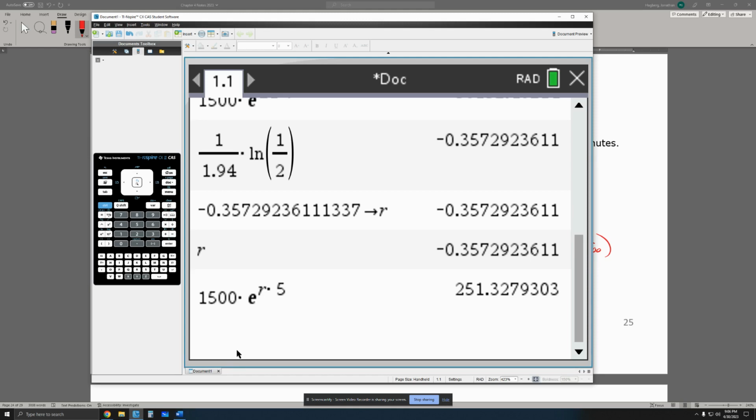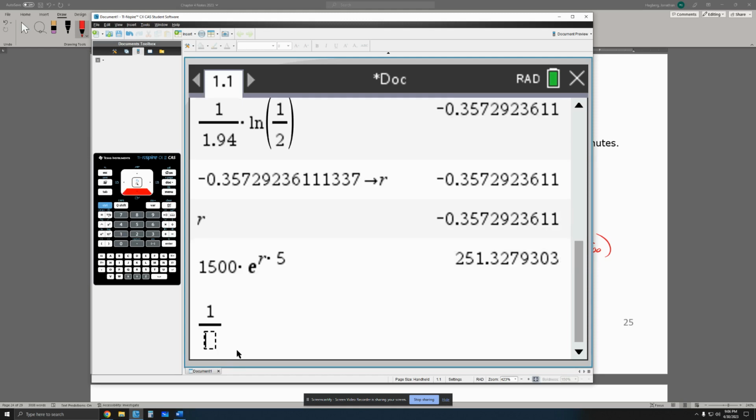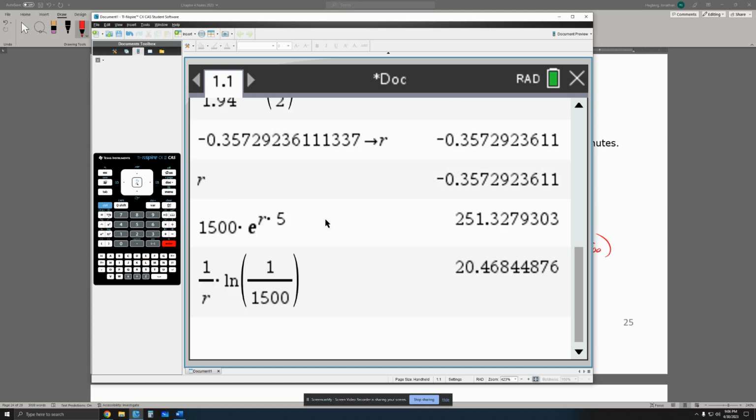Let's plug that into our calculator. We have 1 over, we have r already, so I'm going to just go ahead and use my variable. Natural log of 1 over 1500. Control Enter. About 20 minutes or so, so 20.468.